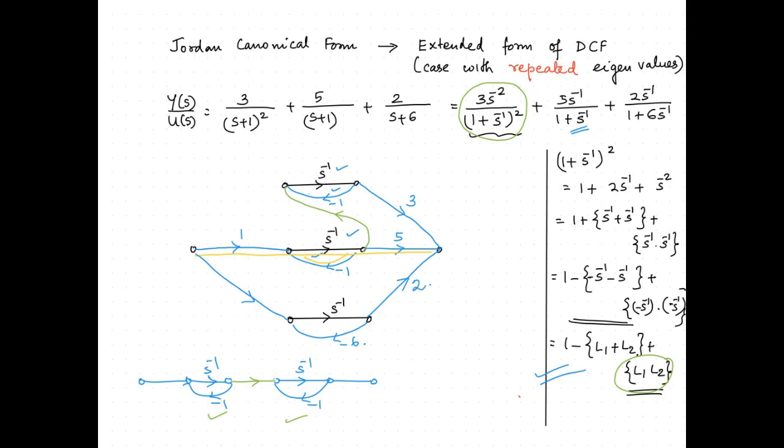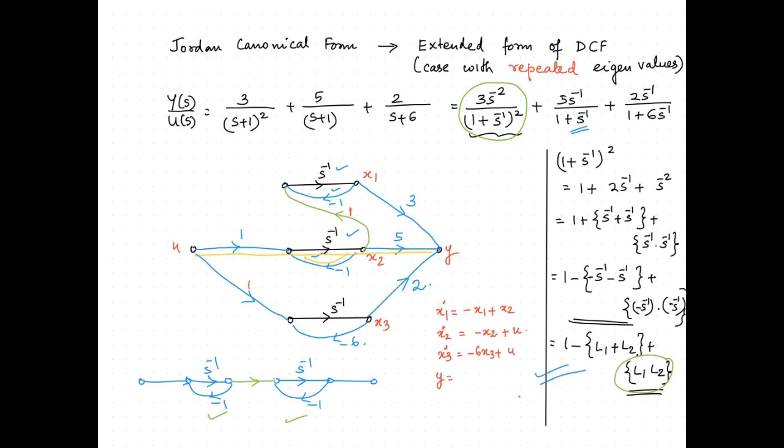Now we can mark the state variables as outputs of integrators, and this is y and this is u. x1 dot will be minus x1 plus x2. This will be 1. x2 dot will be minus x2 plus u. x3 dot will be minus 6x3 plus u. This gain is also 1.